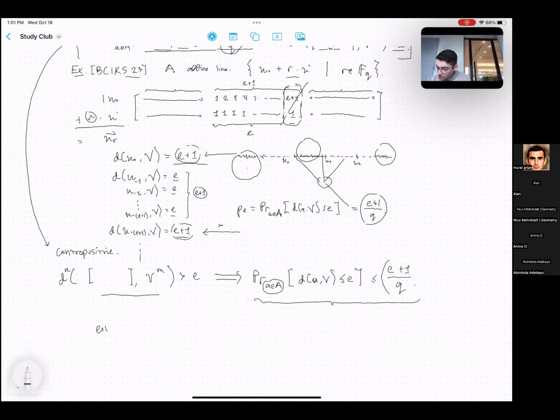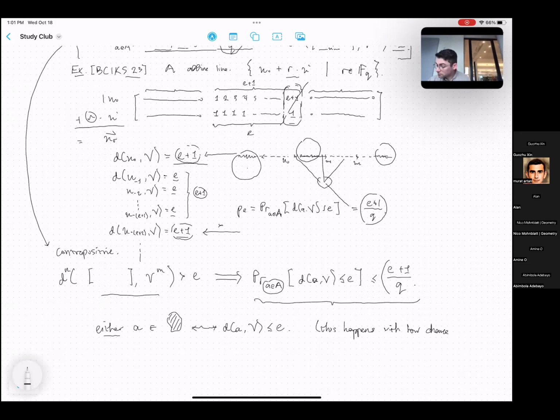So either A is in the shaded region, which means that the distance between A and V is small, but this happens with low chance. And to be precise about how low it is, it's that number above, E plus 1 over q. Thank you. This happens with low chance.